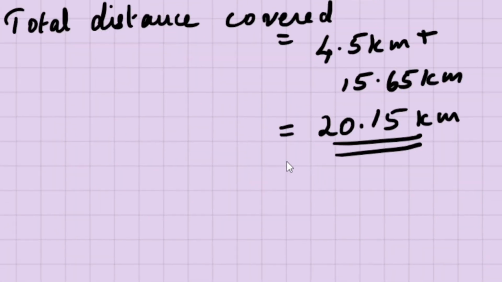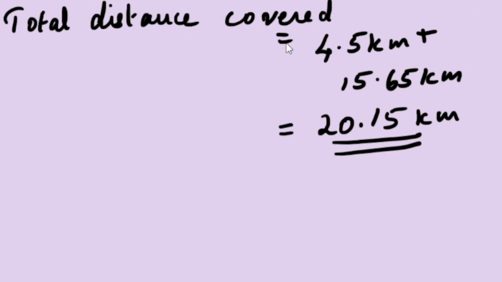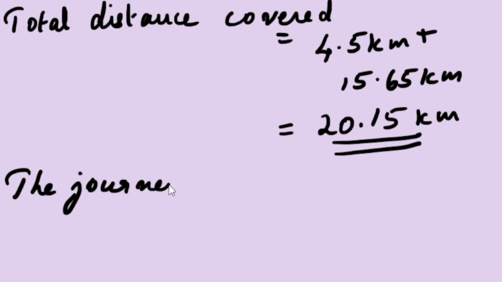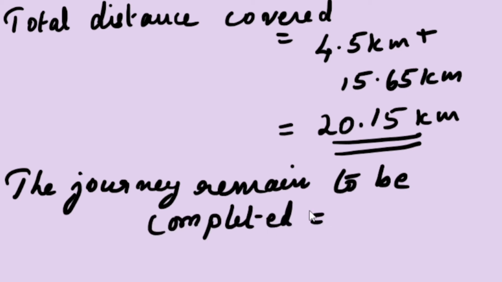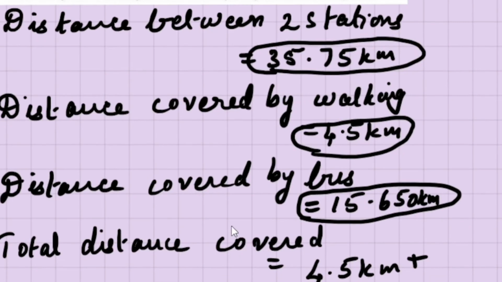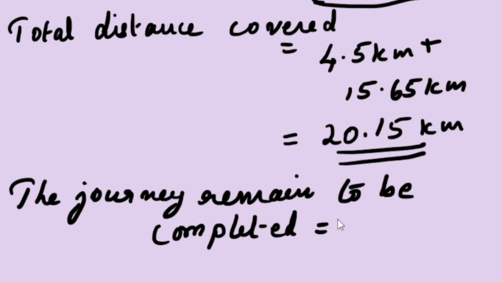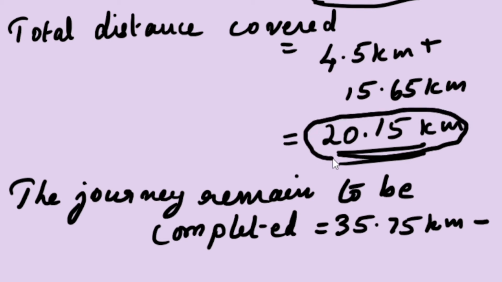So next what we can write as a statement? The journey remaining to be completed. How to find out? Is equal to, from the total, 35.75 kilometer, the total distance covered, that you have to subtract.